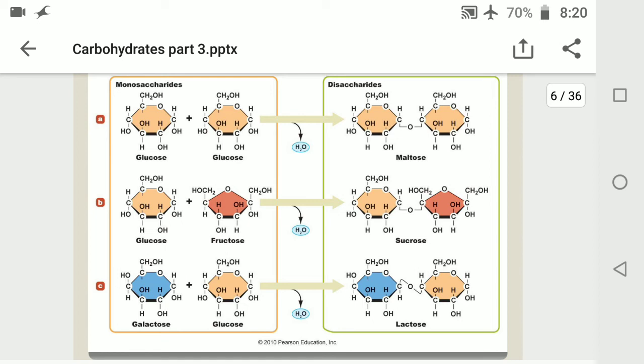When a glucose molecule combines with fructose, giving off water, it forms the disaccharide sucrose. Whereas galactose combines with glucose, giving off a water molecule, to form the disaccharide lactose.